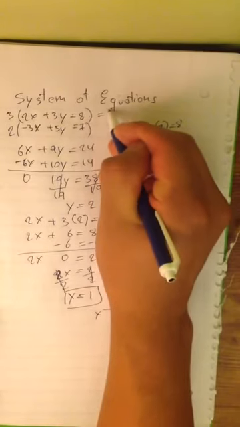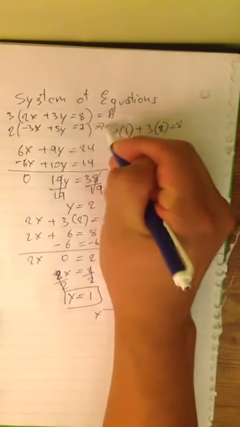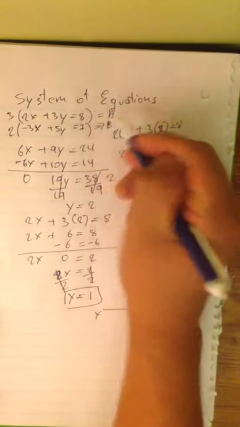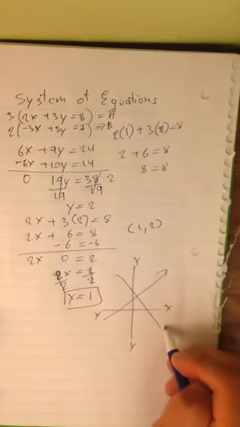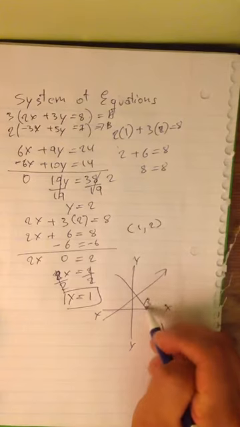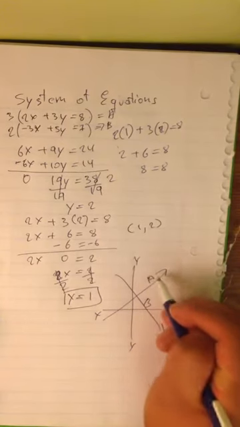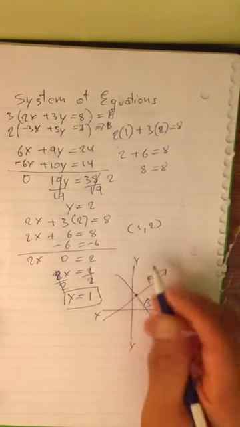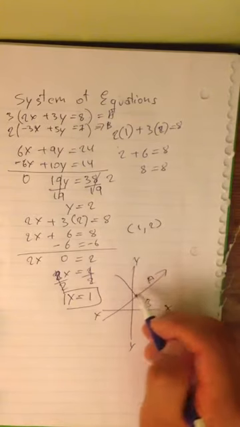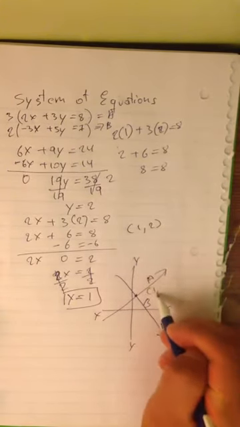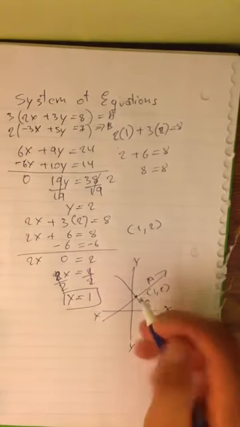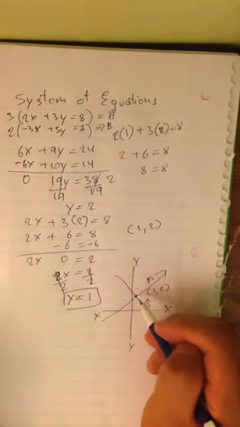Let's call this line A and this line B. So if line A goes like this and line B goes like that, this is the point where they cross each other. So they call this the coordinates, what we just found. That way we have an idea of what we're doing.